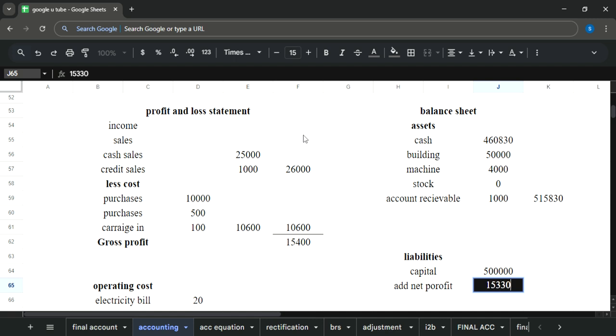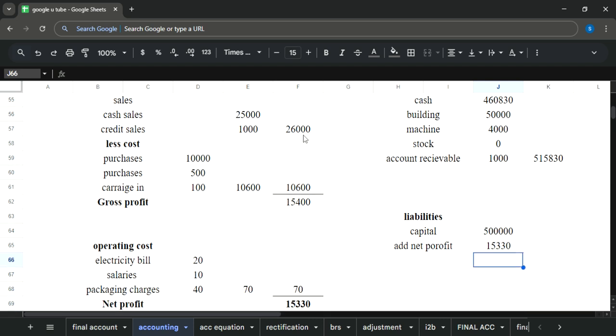I am requesting you to please follow each and every step. Alright guys, so it means our total capital after doing business is not 5 lakh, it is now 515330.